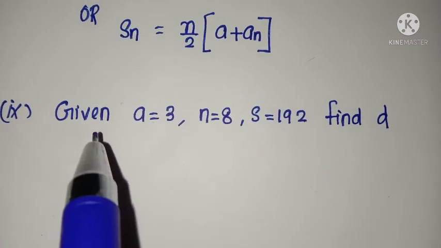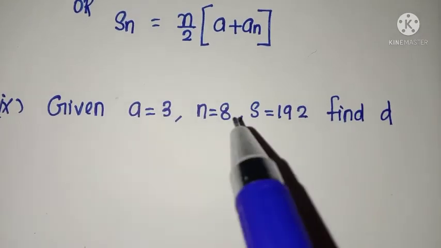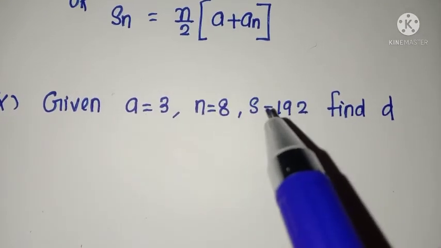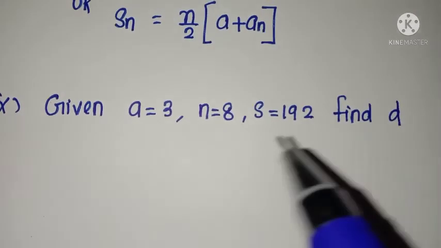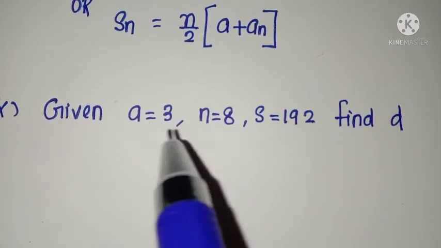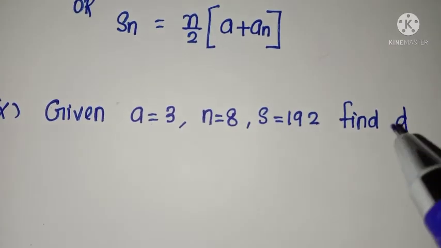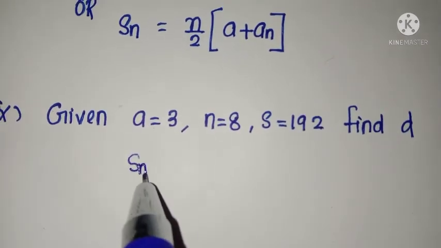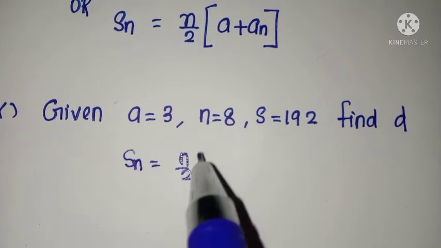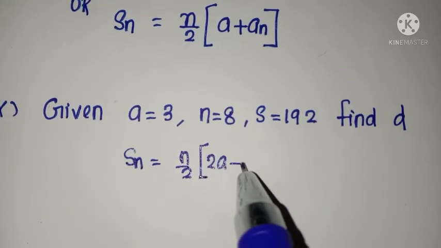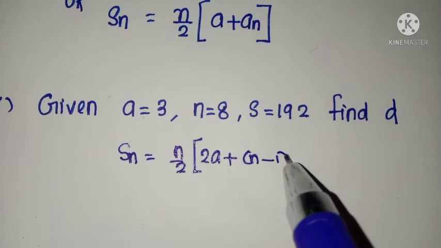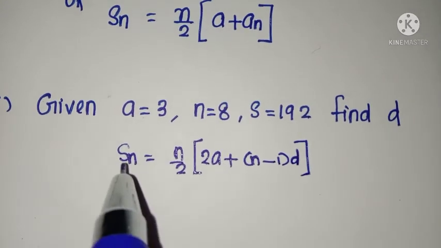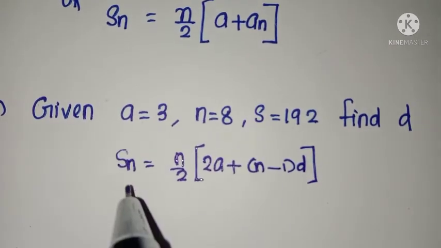Question number 9. Given a is equal to 3, n equal to 8, S equal to 192, find d. So here the first term and common difference, two terms are there. So use the formula Sn equal to n by 2 into 2a plus n minus 1 into d. Substitute all the values here.